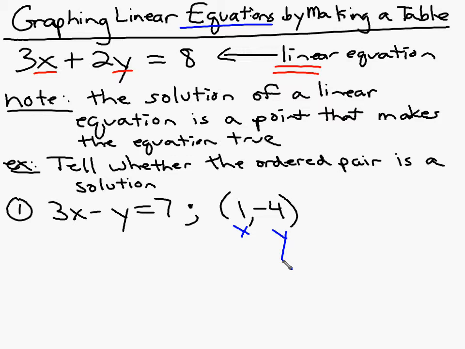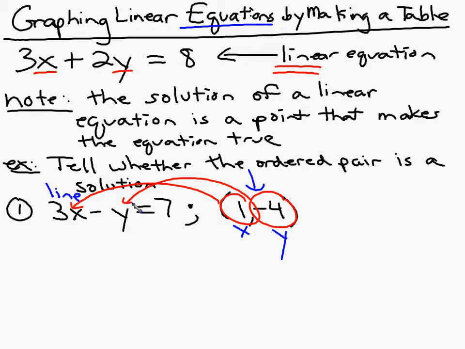We want to know if this point is on this line. So all I have to do is take this 1 and plug it in for x, and take this -4 and plug it in for y, and see if it gives me a true statement.